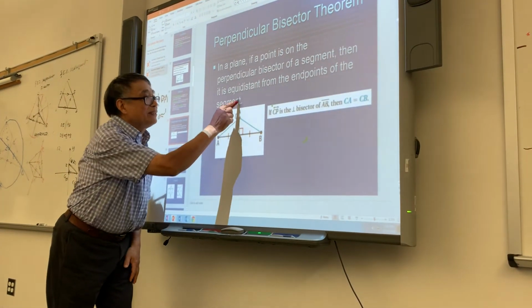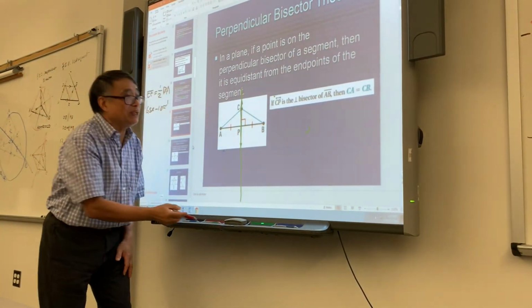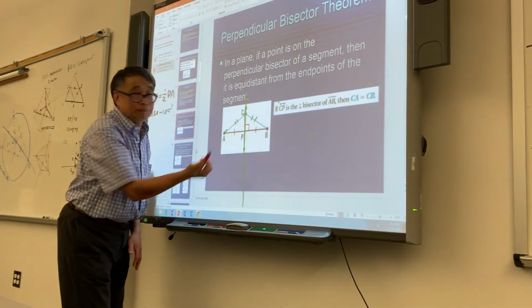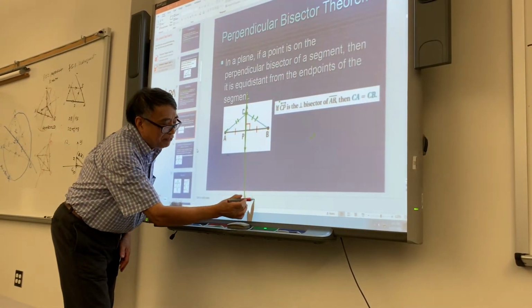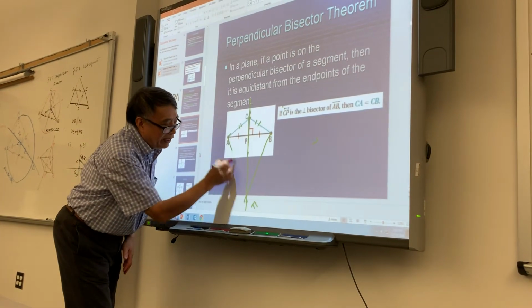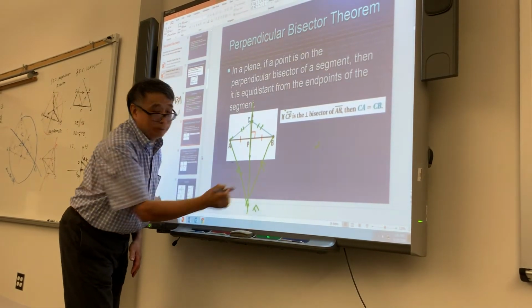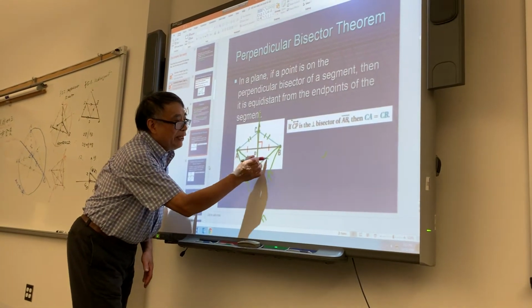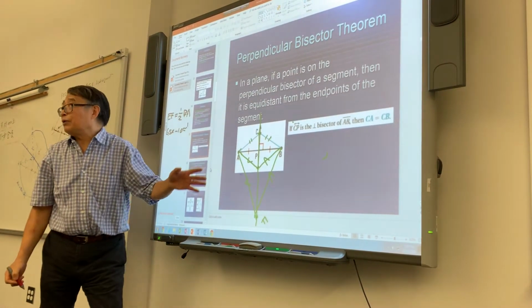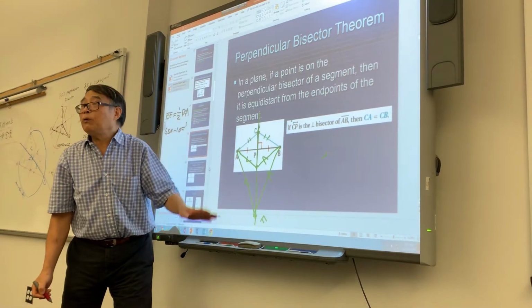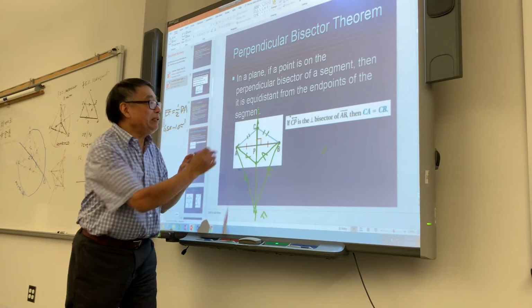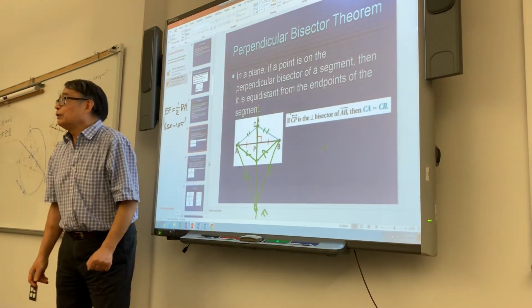Any point on this line, for instance C, CA equals CB. This point is F, FB and FA are also congruent. This point is E, EA and EB are also congruent. Any point on the perpendicular bisector is equidistant from the endpoints A and B.